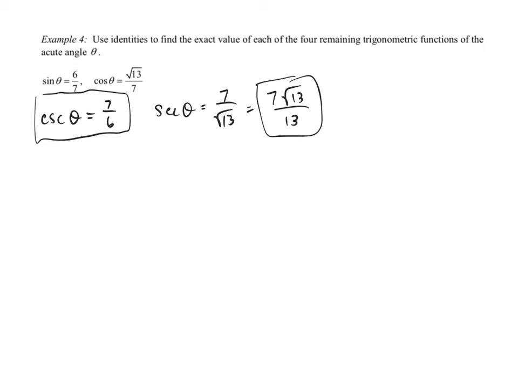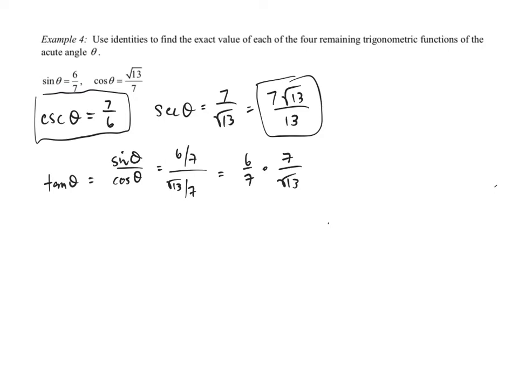And then for tangent theta, in order to find that, we can use the fact that tangent theta is sine theta over cosine theta. And so this is going to equal 6 over 7 divided by square root of 13 over 7, which is the same thing as 6 over 7 multiplied by the reciprocal of the denominator, which is going to be 7 over the square root of 13.